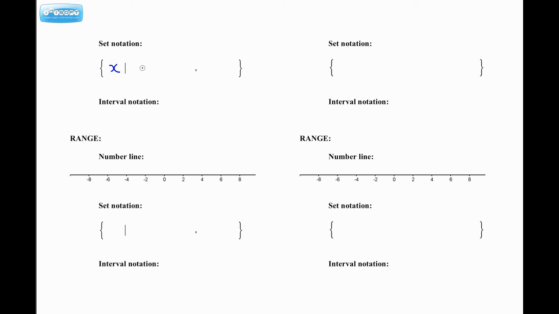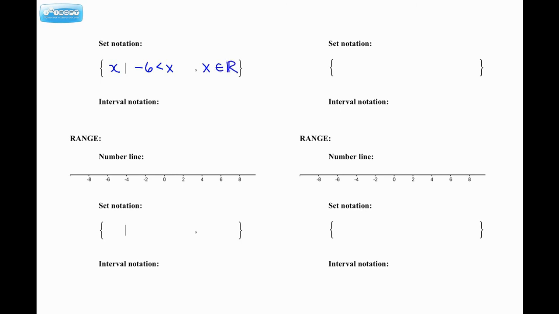So -6 is as far to the left as we can go. It cannot include -6, so I do not put a little line underneath here. So these are the x values. Now there is no right bound. The graph clearly goes on forever to the right, so I don't put anything here. It's continuous, so any real number.